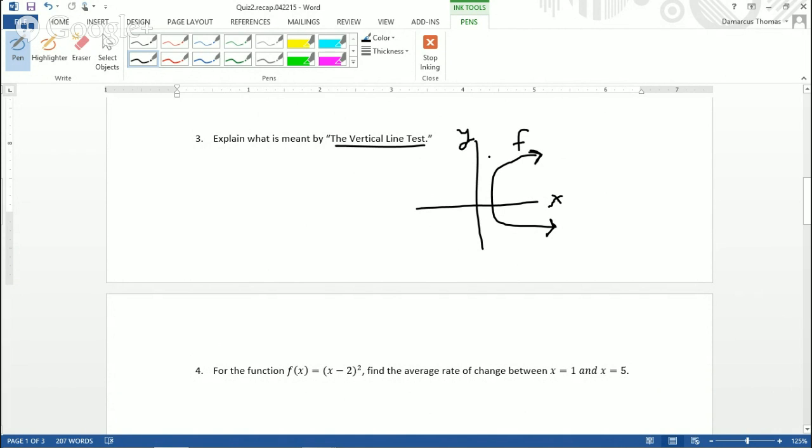So we have this f on the xy plane, and the question is, is f a function or not? One thing we'd have to do is conduct the vertical line test. If you can put a vertical line somewhere along the graph such that the vertical line intersects the graph in two places, then it is not a function. Okay, so this is not a function.